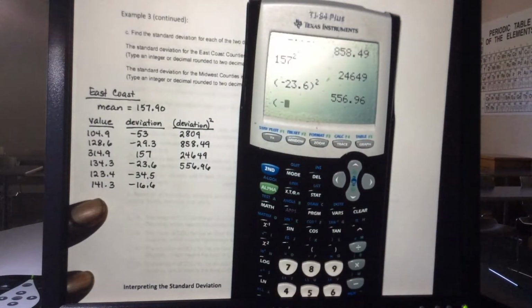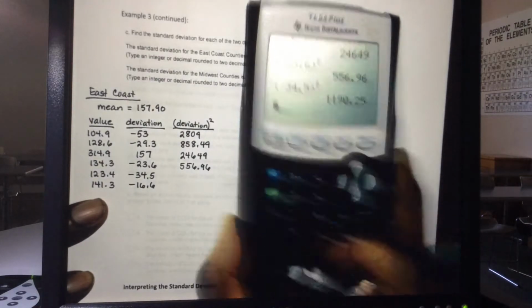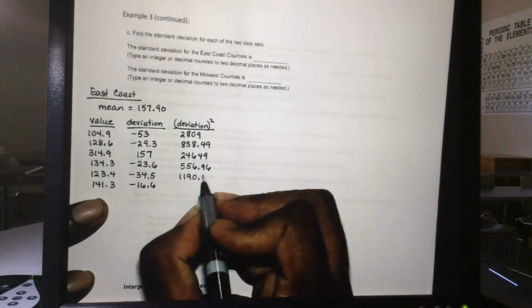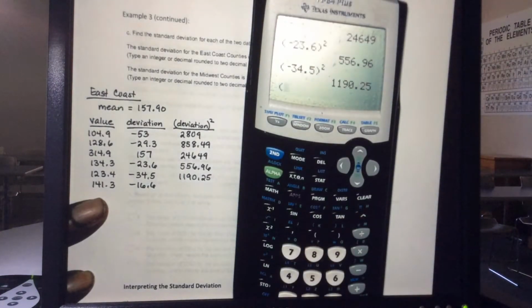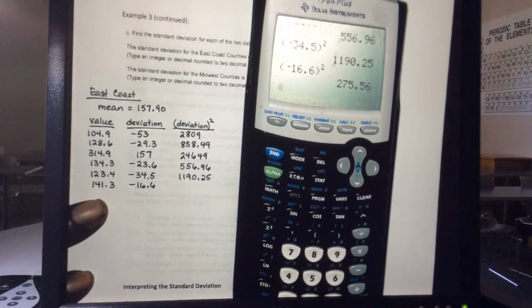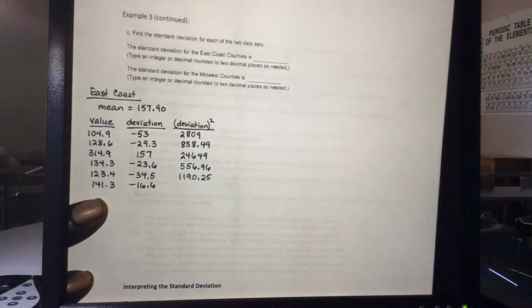And then negative 34.5 squared would be 1190.25. And then finally negative 16.6 squared. You'll get 275.56.